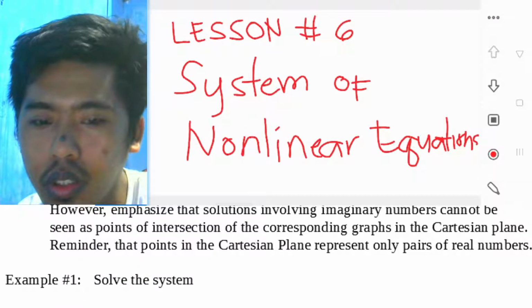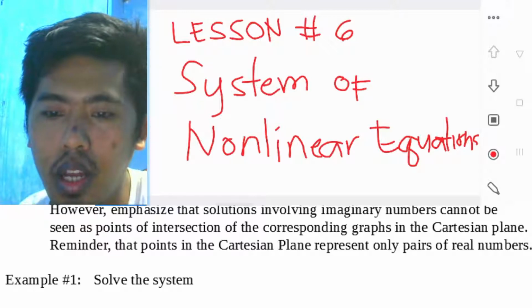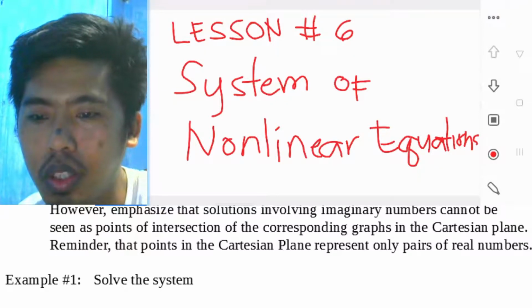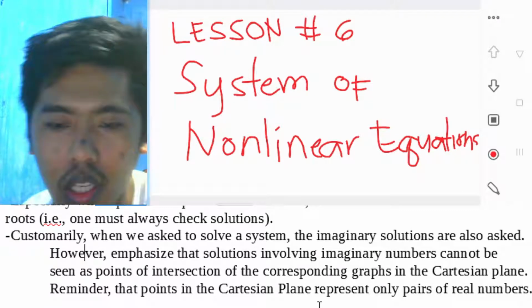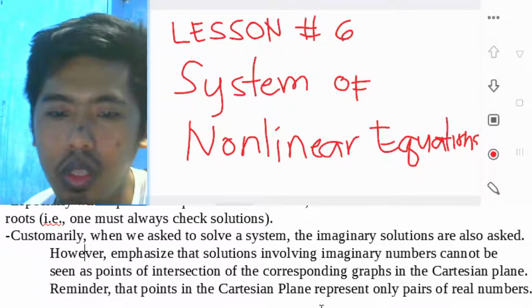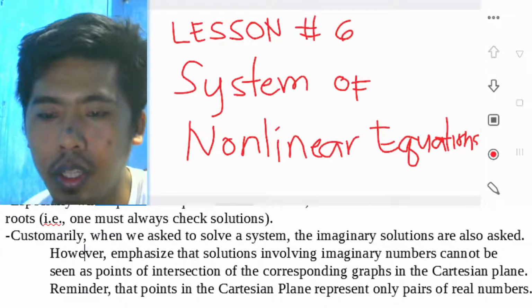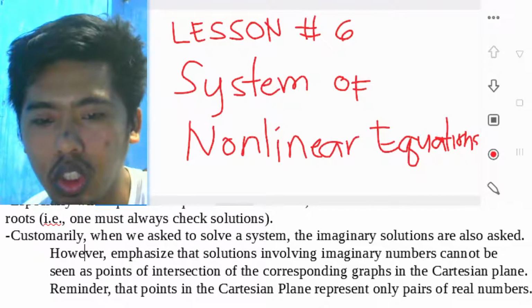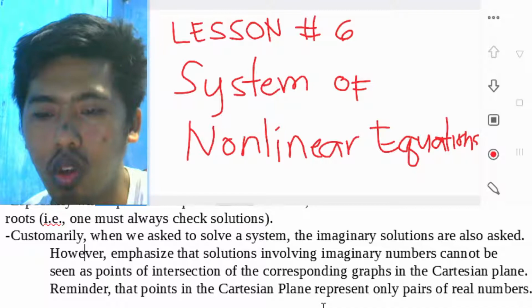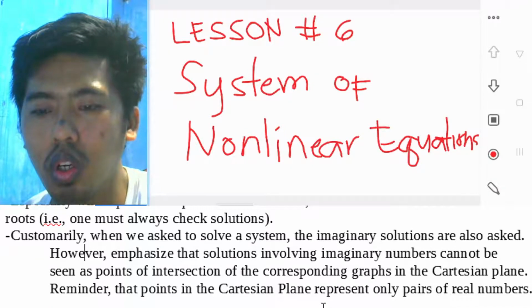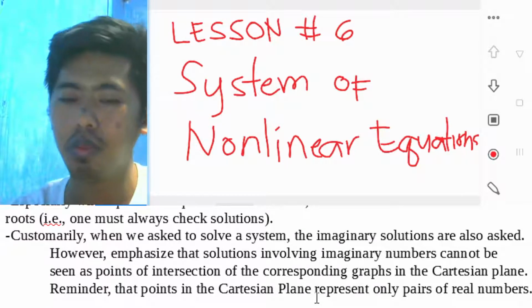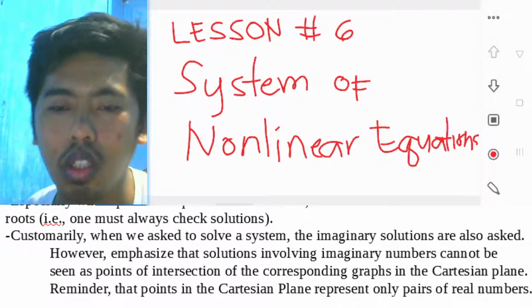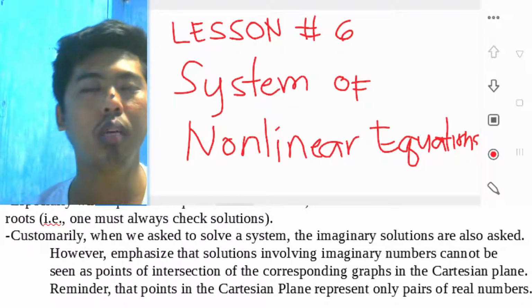Just a reminder that points in the Cartesian plane represent only pairs of real numbers. Okay, kung naa ko'y answer nga imaginary solution, dili kuno possible nato nga maka-graph ana sa Cartesian plane, kay ang naa sa Cartesian plane, it represents only pairs of real numbers. So basically, if there is imaginary, from the word itself, so just imagination or imaginary, diba? Imaginary number, if it exists.